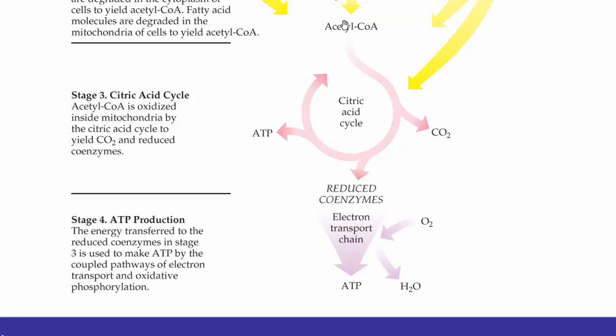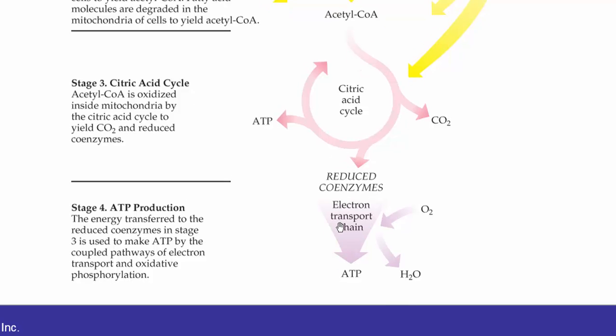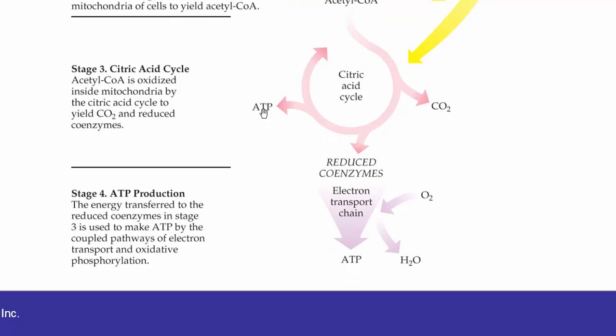Now this acetyl-CoA is oxidized inside the mitochondria by the citric acid cycle to yield CO2 and reduced coenzymes, plus a direct ATP synthesis. Then ATP production: the energy transferred to the reduced coenzymes like NADH and FADH2, which we will see, is used to make ATP by the coupled pathways of electron transport and oxidative phosphorylation.